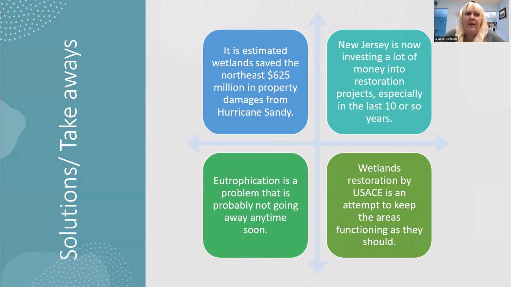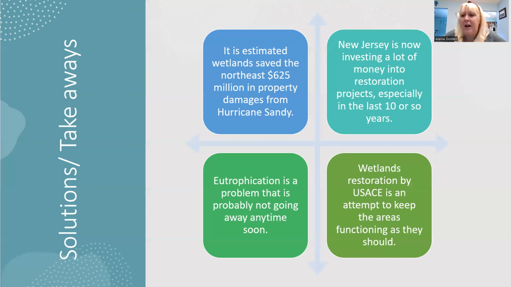And with sea level rise and with the increase in named storms, hurricanes, and with increasing likelihood that the Northeast will see another hit from them, New Jersey is investing a lot of money into restoration projects now. Most of the projects that I've talked about today have been recent, like 2018, but in the last 10 years or so, we've really seen an uptake in interest in the restoration of wetlands in New Jersey.